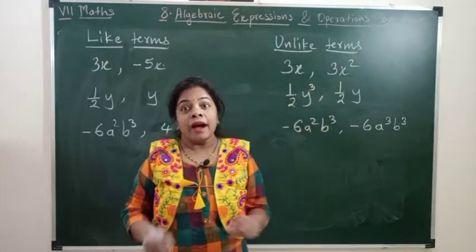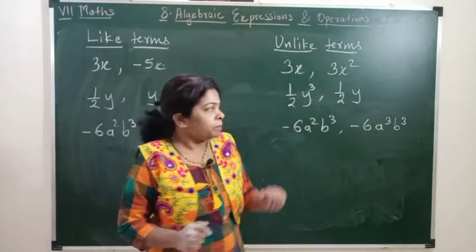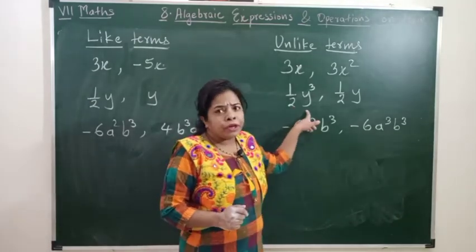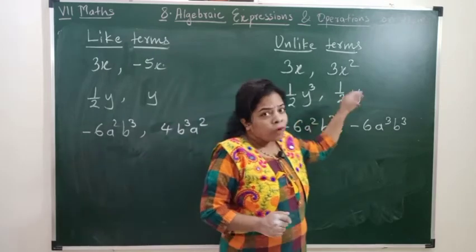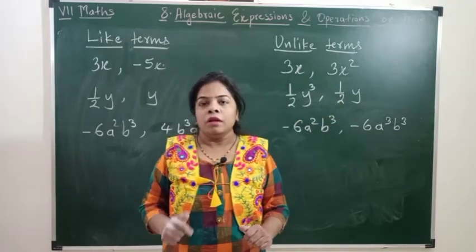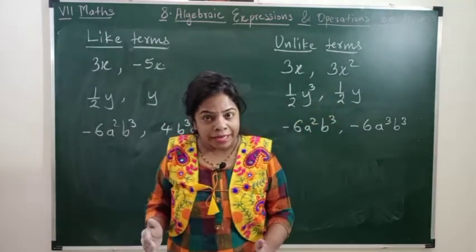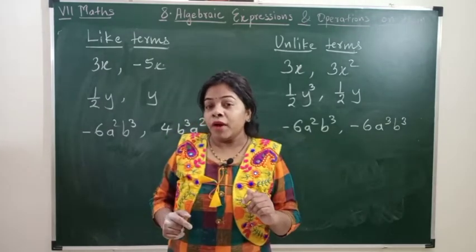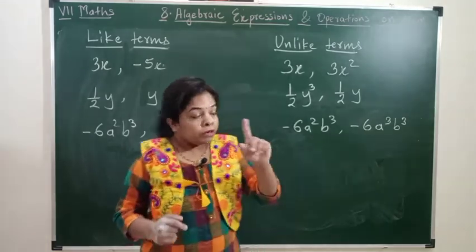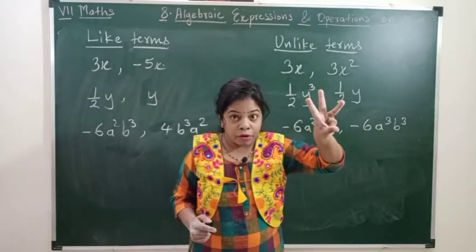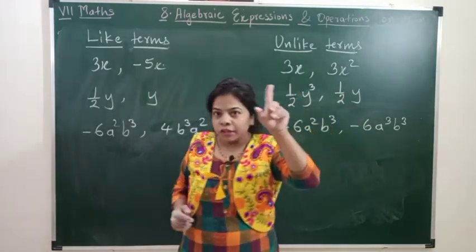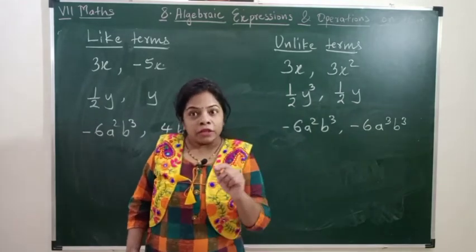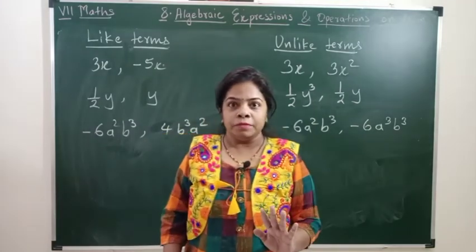That is why they are unlike terms. Next one, half y cube and half y. Again same children. Half and half number is same. Both are having y terms, but the number of y terms are not same. Here there are 3 y terms and here there is just one y term. That is why they are unlike terms.